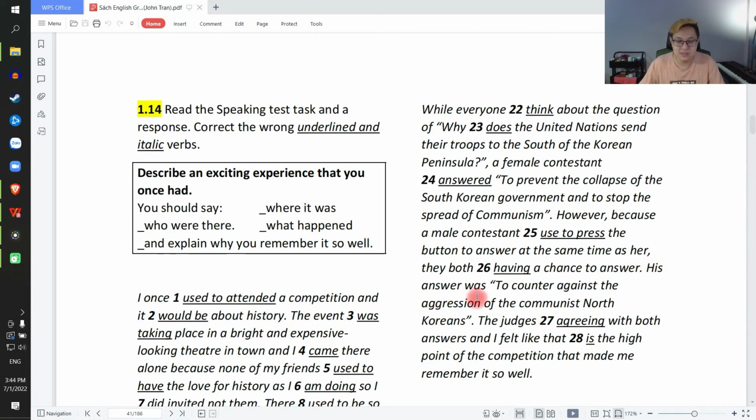His answer was to counter against the aggression of the communist North Koreans. The judges agreed with both answers, and I felt like that was the high point of the competition that made me remember it so well.